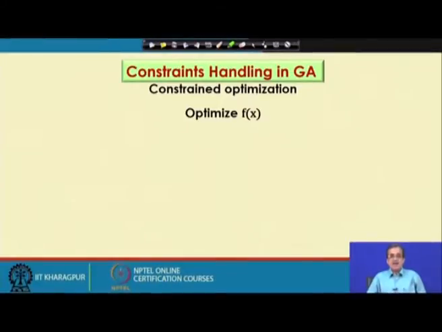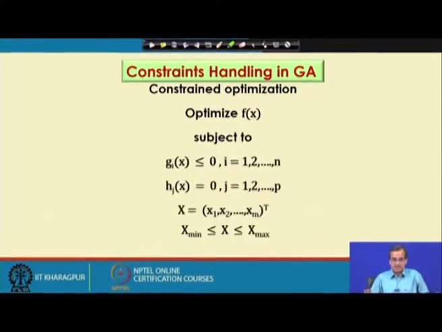Supposing that I have a function y equals f(x), and I have to optimize this, say either maximize or minimize, subject to some functional constraints like g_i(x) less than or equal to 0, where i varies from 1 up to n.